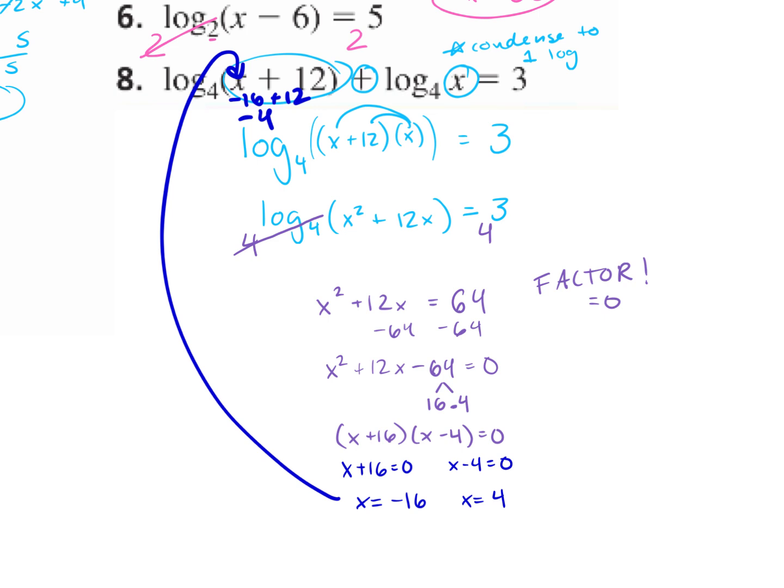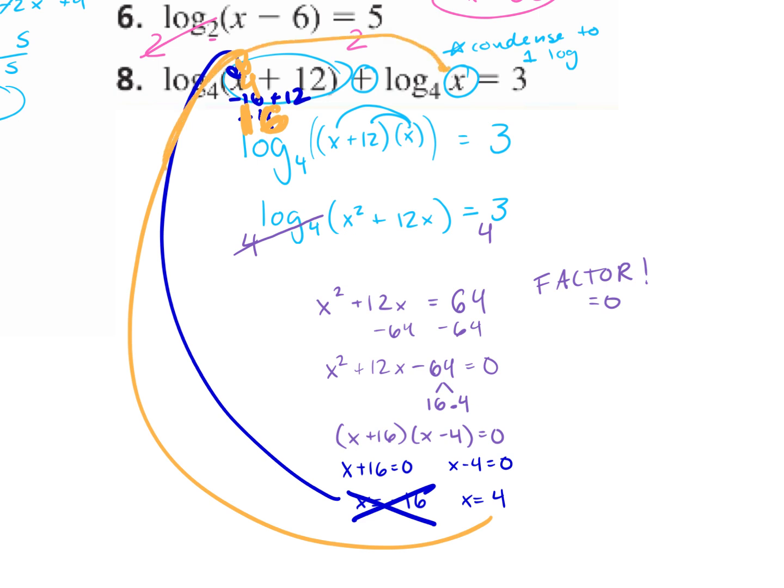No. So does -16 work? No. We can check 4 by plugging it in. So let's be super sure. So we have 4 plus 12 would be positive 16. Can I take the log of positive 16? Yeah. And then if we plug it into the other one too, can I take the log of 4? Yes. So 4 works. So our only answer is x is equal to 4.